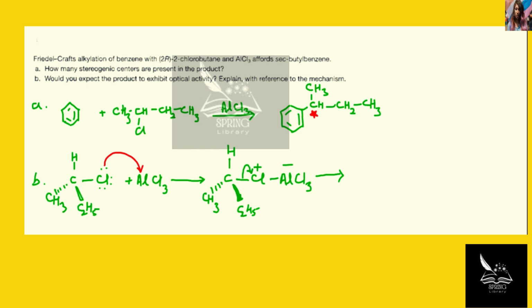So it is losing AlCl4 minus, and a carbocation is formed, which is the carbon with positive charge. One is the methyl group below the plane and one is the ethyl group above the plane.